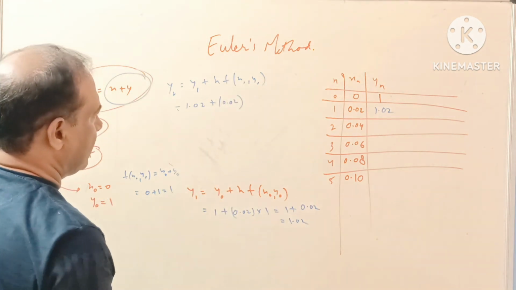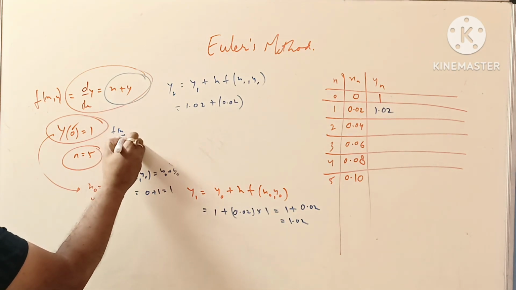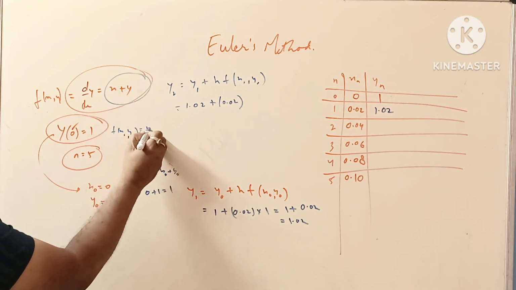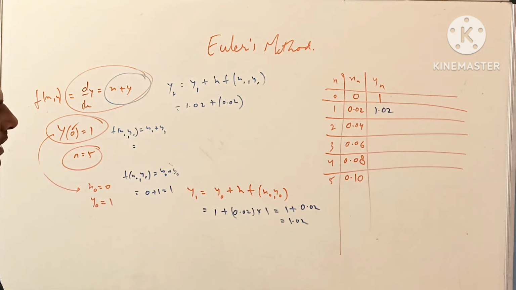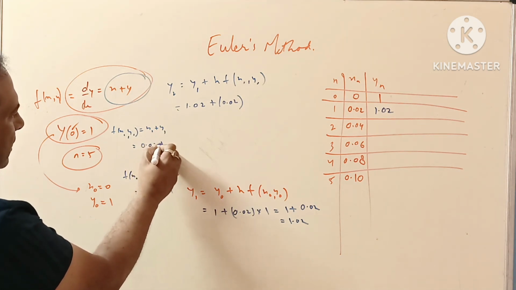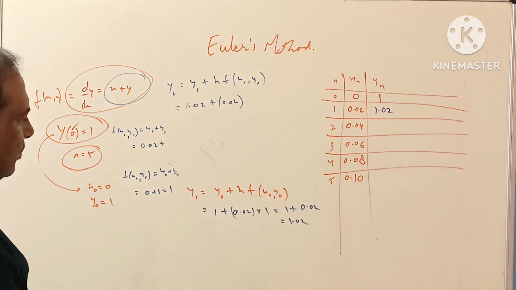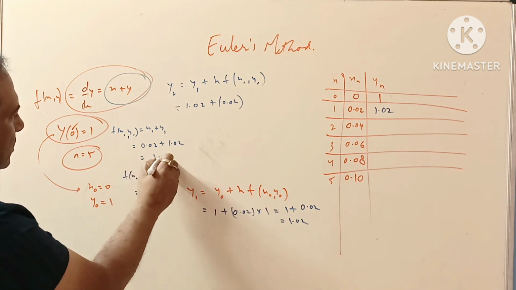How much is f? f = f(x, y). Now f(x1, y1) = x1 + y1. What does it mean? x1 is 0.02 and y1 is 1.02, and if I add both of them, it equals 1.04.